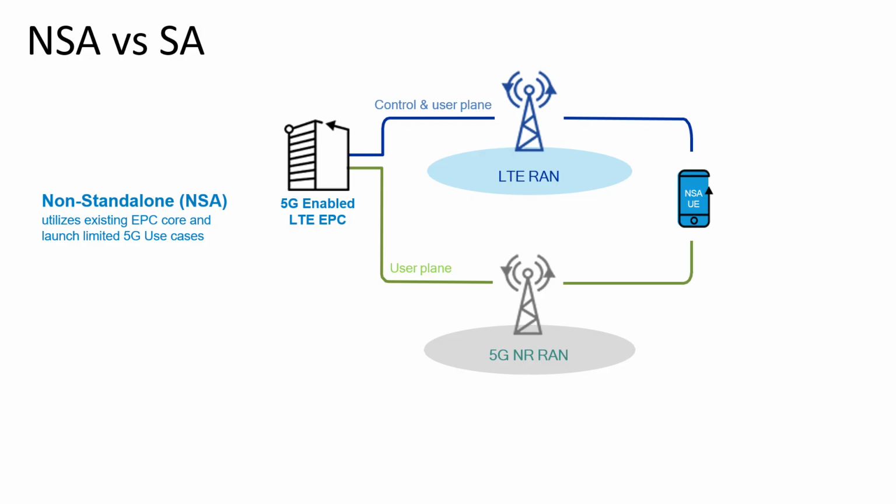Maybe from the core side you have to add some licenses or do a software upgrade to make the core network compatible with the new radio. That may be a slight change, just a software upgrade or license addition, and you are done. After enabling the new radio as the radio side of 5G, your complete network is enabled for 5G service.